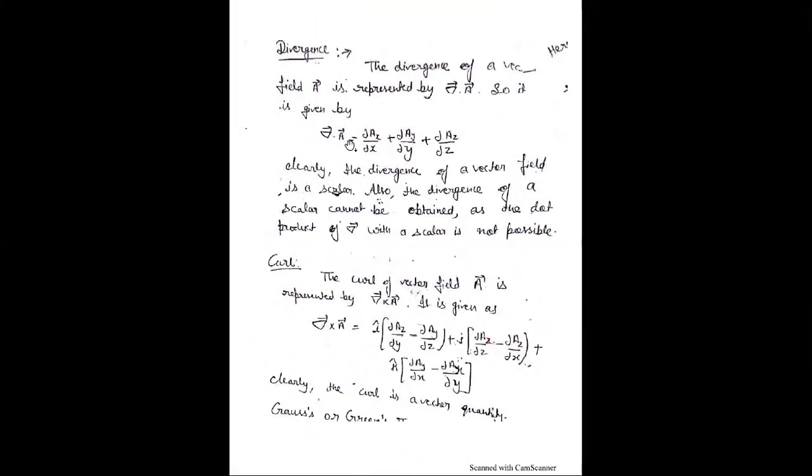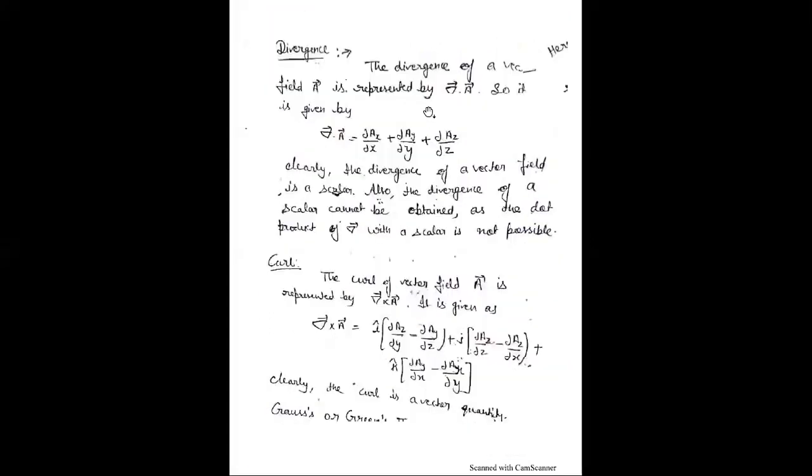For del dot A, we know that the components of A are Ax i plus Ay j plus Az k in the x, y, z directions, and del is i ∂/∂x plus j ∂/∂y plus k ∂/∂z. So del dot A gives i dot i, j dot j and k dot k terms.